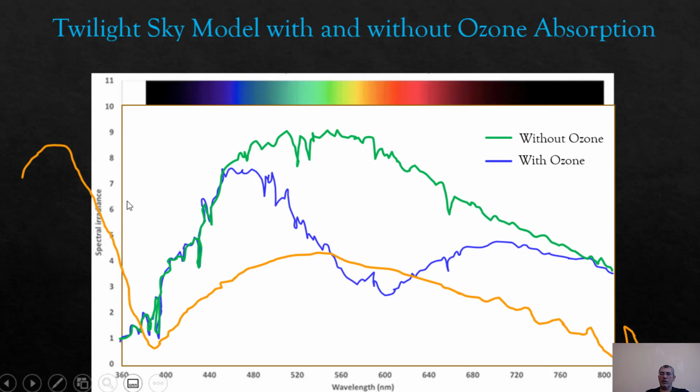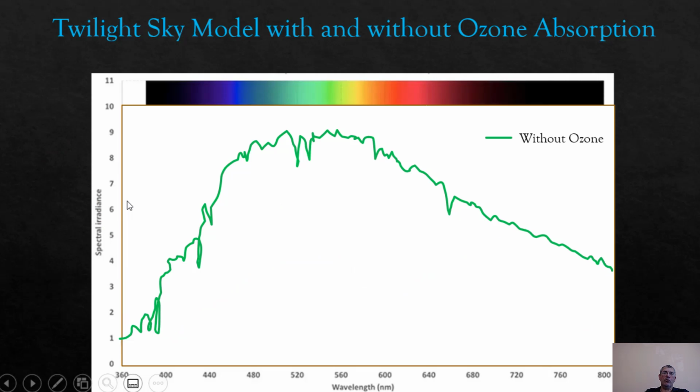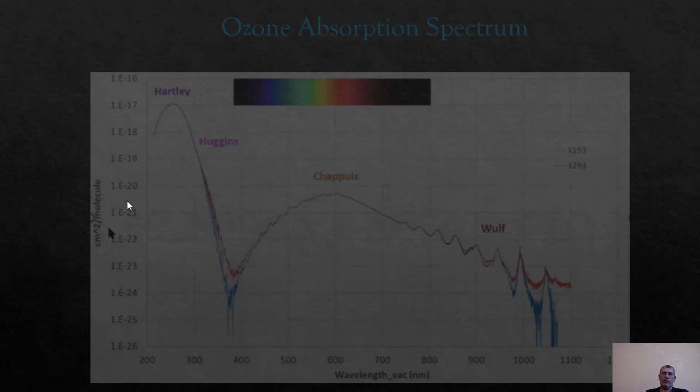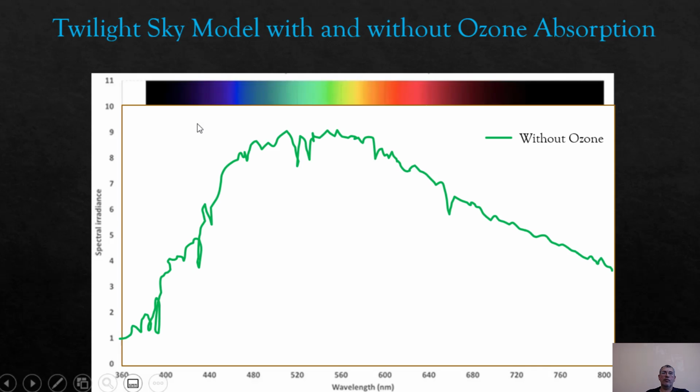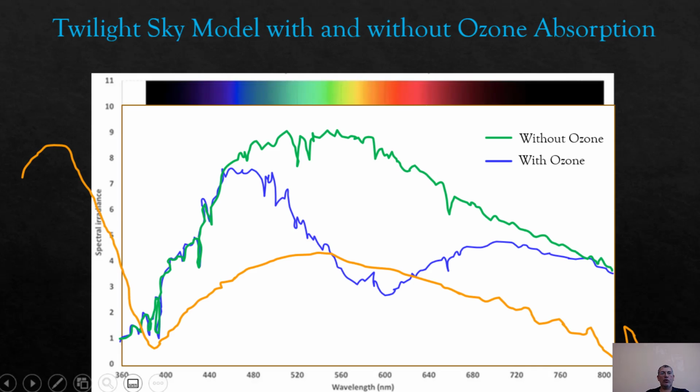Remember the other chart, let me go back to it. I took this orange graph that represents the absorption spectrum for the ozone. Just remember this, and I'm going to overlay it over this chart, and that's what you have here. It's outside because we started around 200 nanometers, if I remember, all the way to 1200.